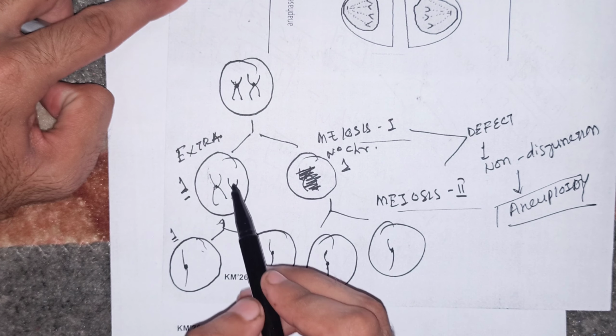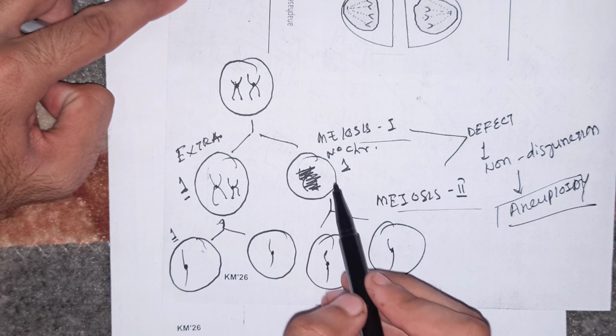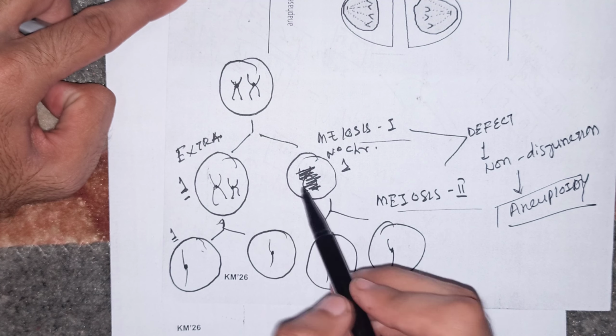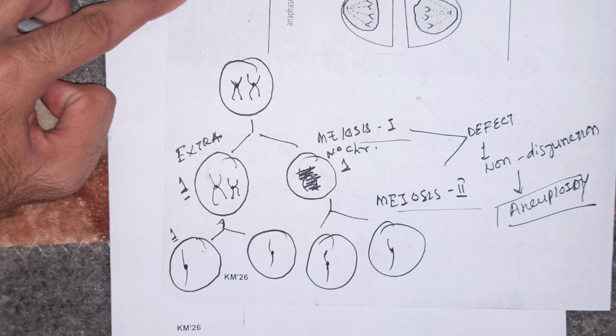This will show an extra number of chromosomes, and this will show a lack of a chromosome. So this is the defect that can occur at the level of meiosis 1 leading to aneuploidy.